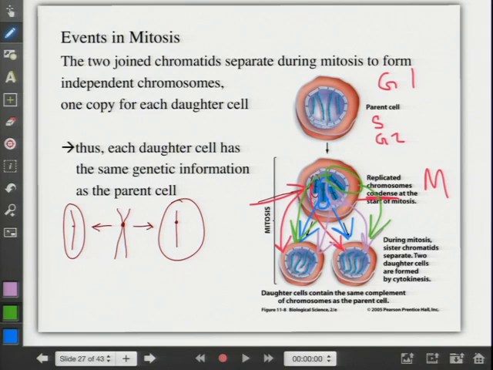A cell can't function missing a chromosome, okay? It can't function with an extra chromosome. Organisms, most mammals, including us, need to have the correct 46 chromosomes in every cell for survival, right?